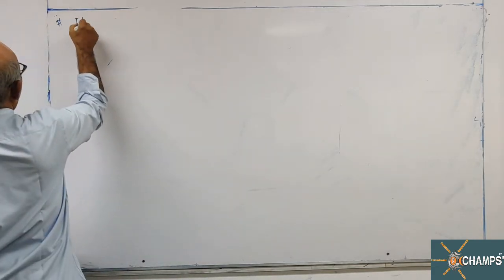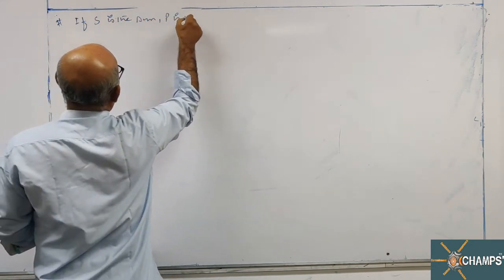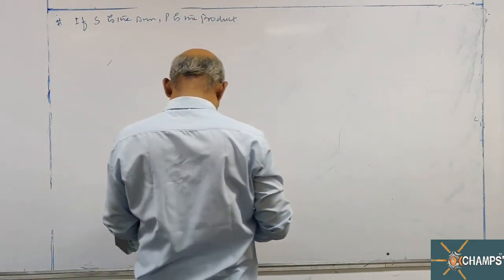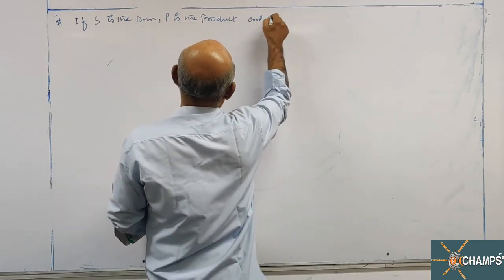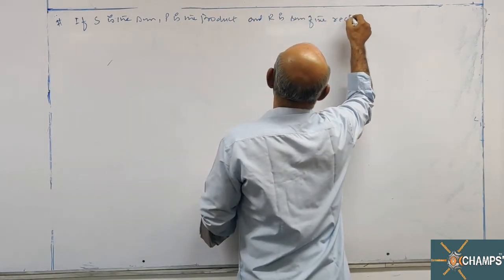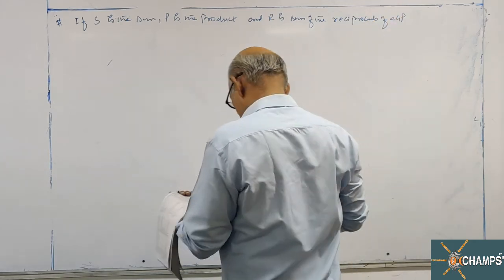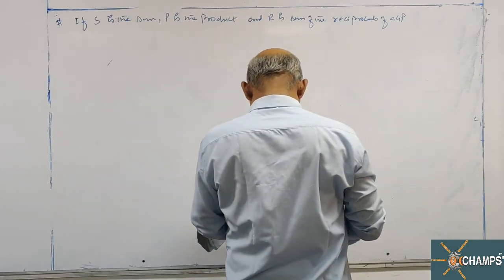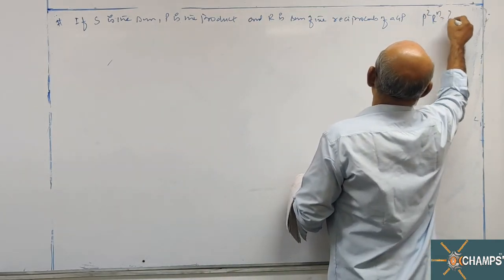If S is the sum, P is the product, and R is the sum of the reciprocals of a GP, then P square into R power n is question mark.